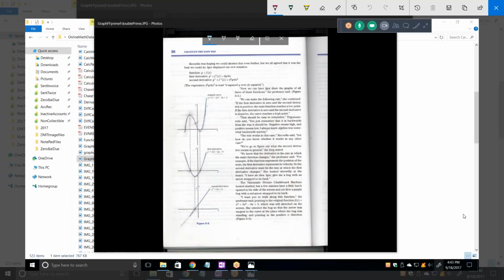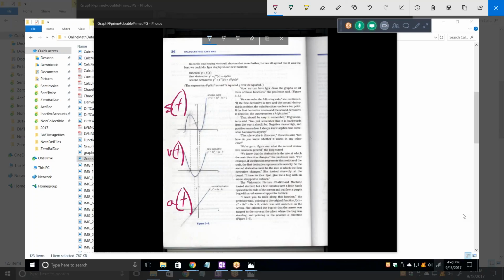Think of this as the position function. That's s of t. Think of this as the velocity function. That's v of t. And this is the acceleration function. In other words, this middle graph is the first derivative of the top graph. The bottom graph is the second derivative.